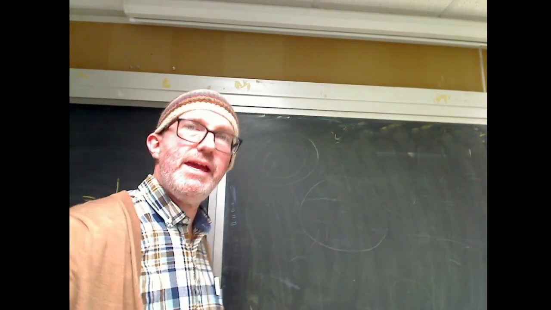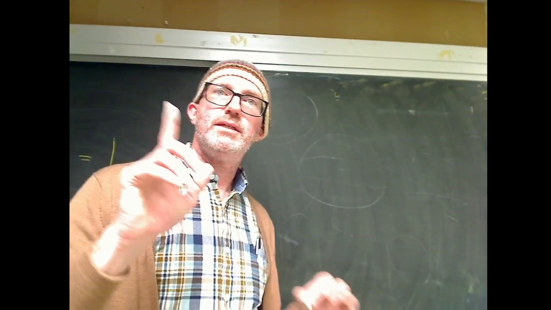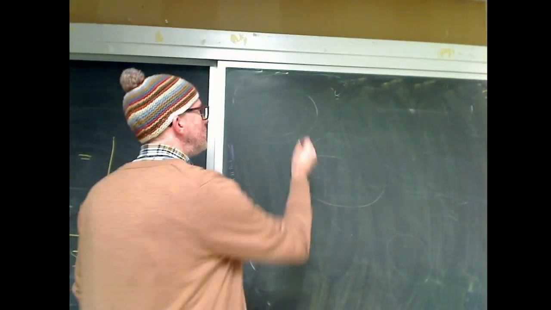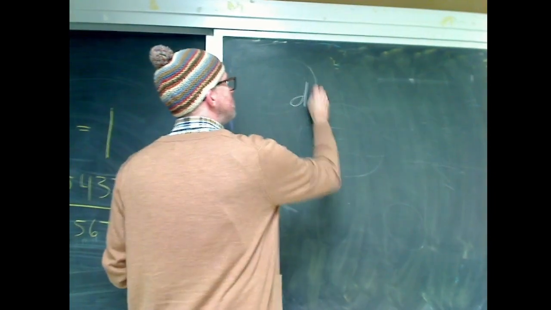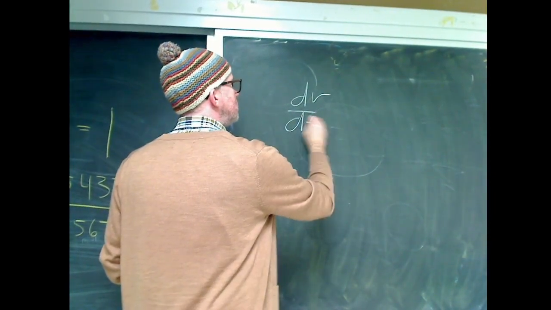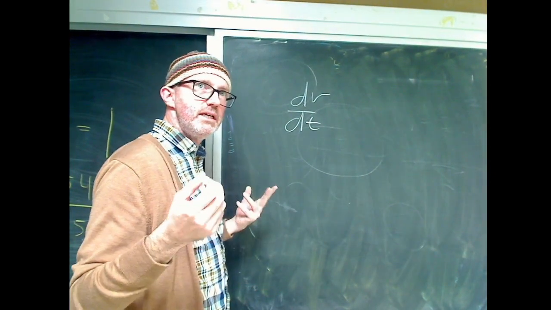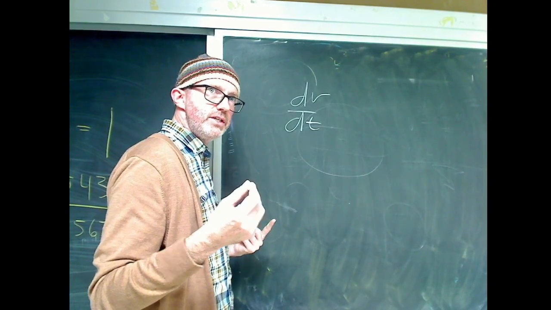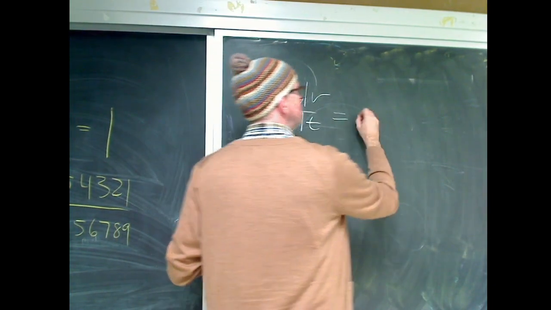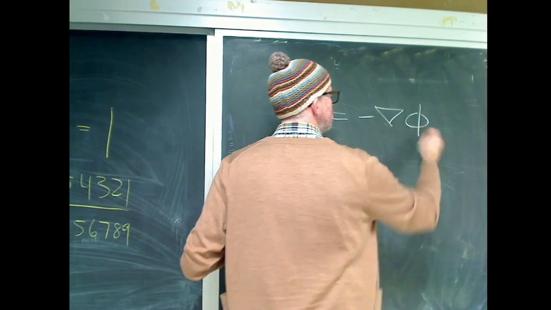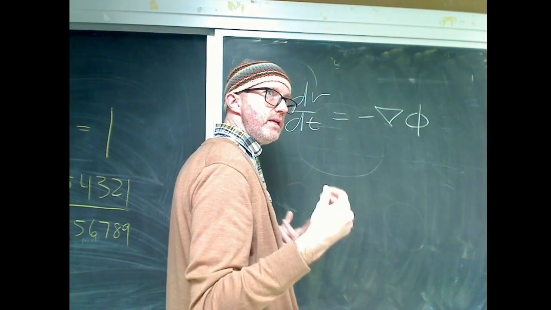Now, okay, everything that you need to know about galactic dynamics. dV/dt is the acceleration. It is the gradient of the potential.